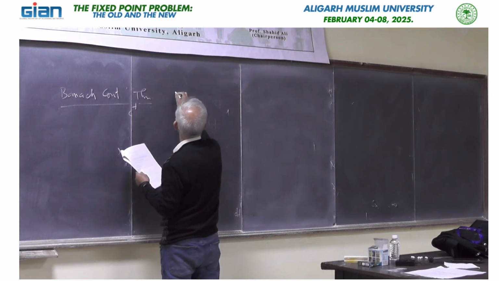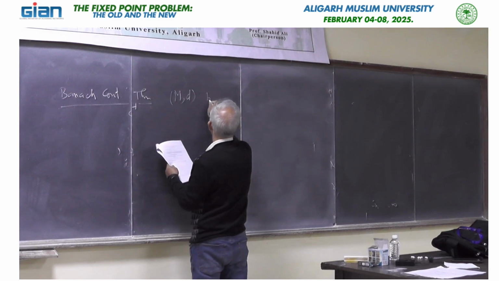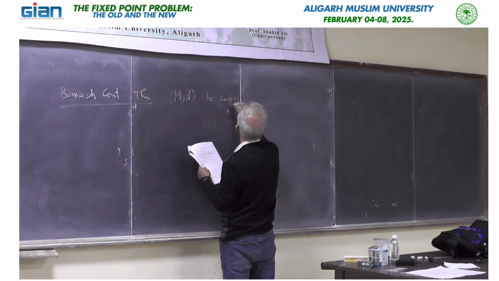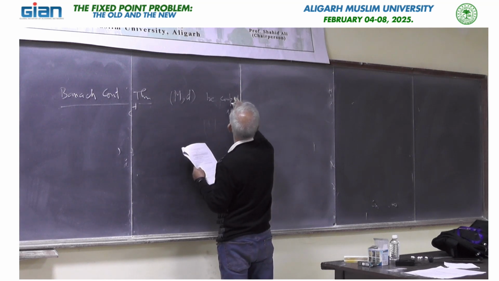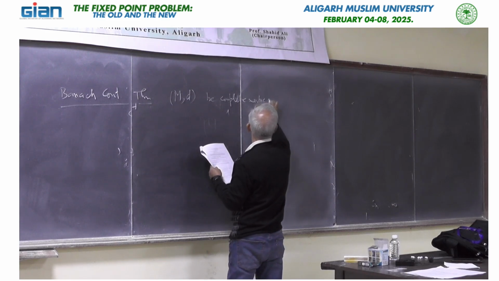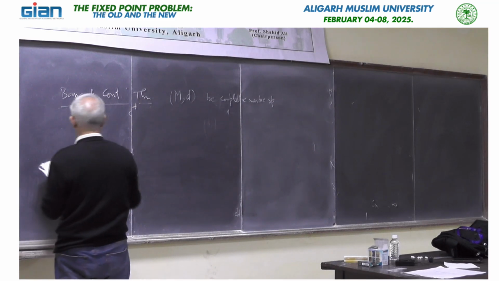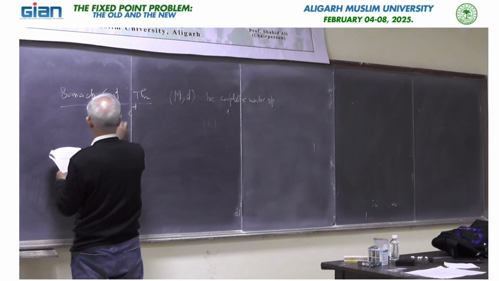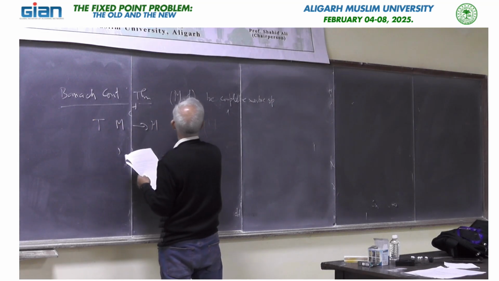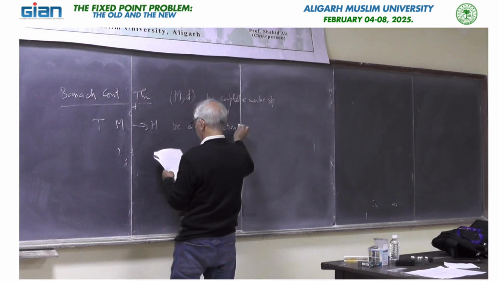So we will do it for a metric space. Let (M, d) be a complete metric space. Completeness is essential here. And let T from M to M be a contraction.